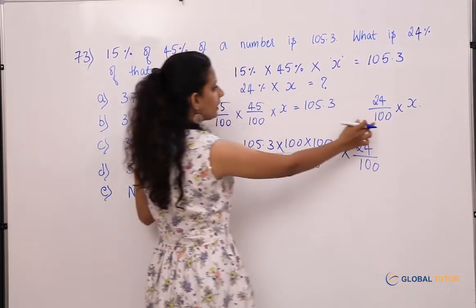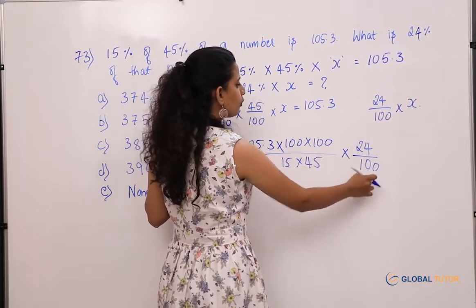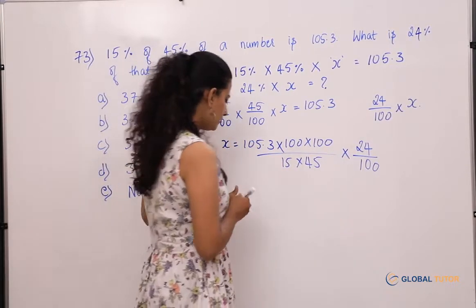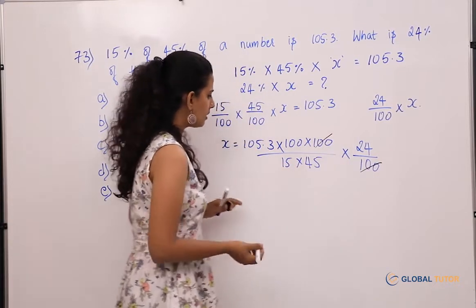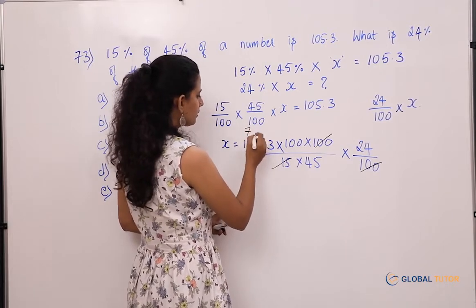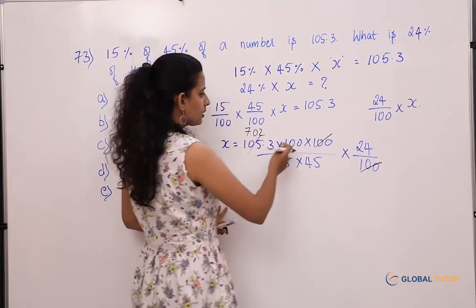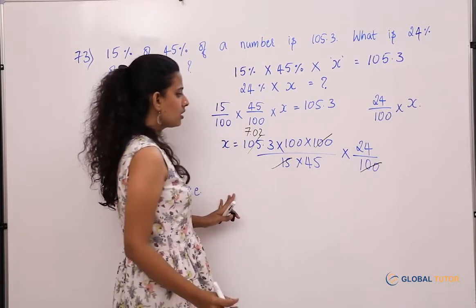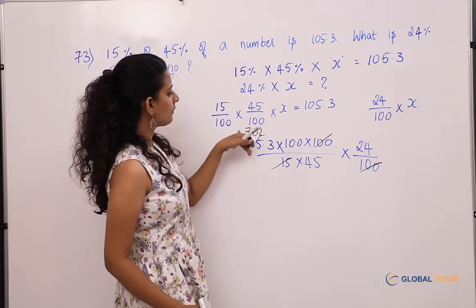Why? Because we have to find out the 24% of x. So we shall multiply 24 divided by 100. So here this 100 and this 100 get cancelled. Here 15 is there. 15 sevens are 105, so it will be 100 into 7.02.